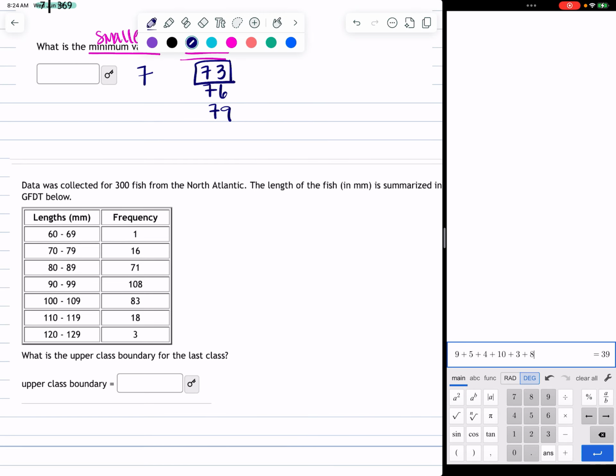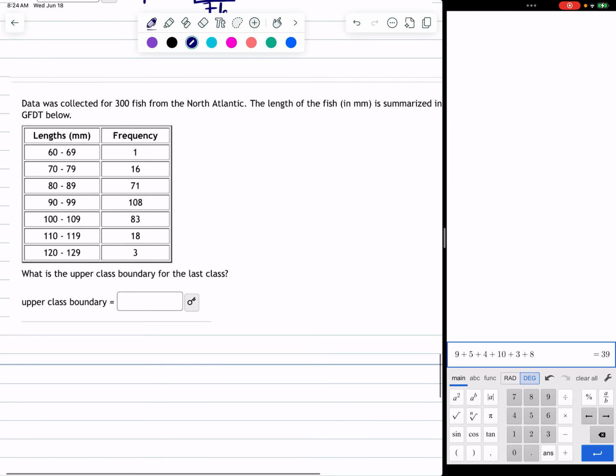This last one is another version of that frequency distribution table that happened earlier in these problems. This time we want the upper class boundary for the last class.